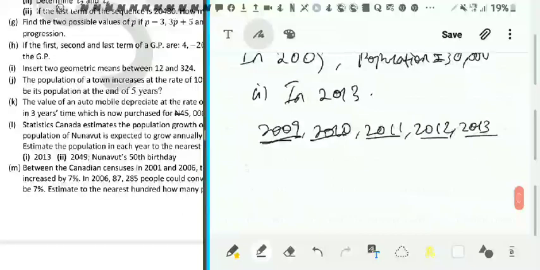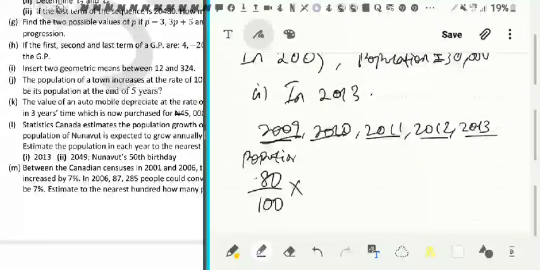Now, you know from the previous work that we have been doing, 80 over 100 times population increase at end of 2009, end of the first year.